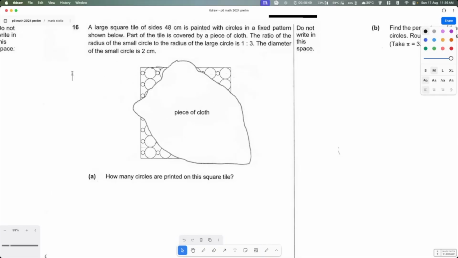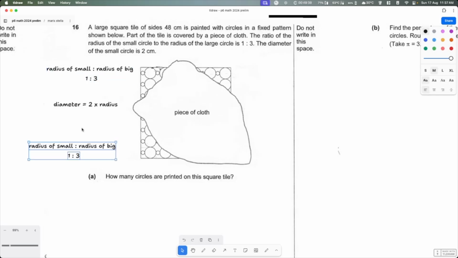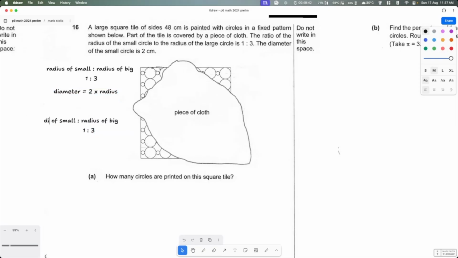Okay, first, we know that the radius of the small circle is related to the radius of the big circle by the ratio 1:3. Since diameter is equal to 2 times radius, the diameter of small to the diameter of big is still 1:3.